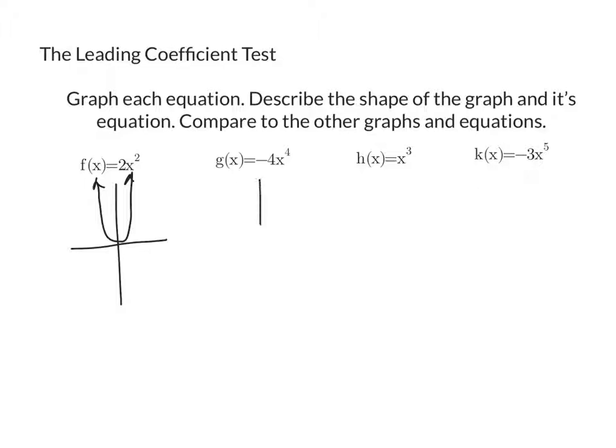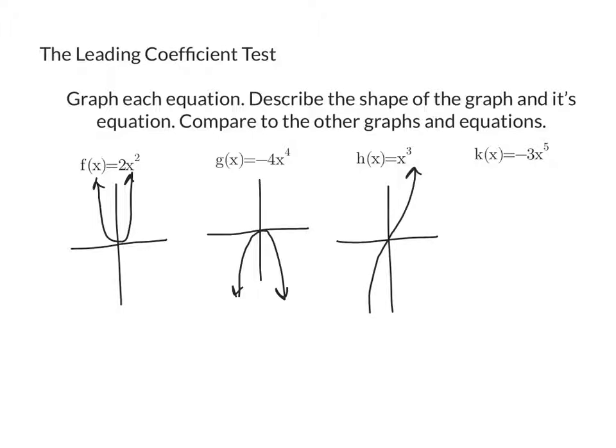A negative 4x to the fourth function looks similar to a parabola, but it's down, and we know it's down because of the way it's set up. The h of x function, which is x cubed, is a typical cubic function, okay? But if we were to type in negative 3x to the fifth into our calculator, we get something that's a little stretched and kind of going that direction.